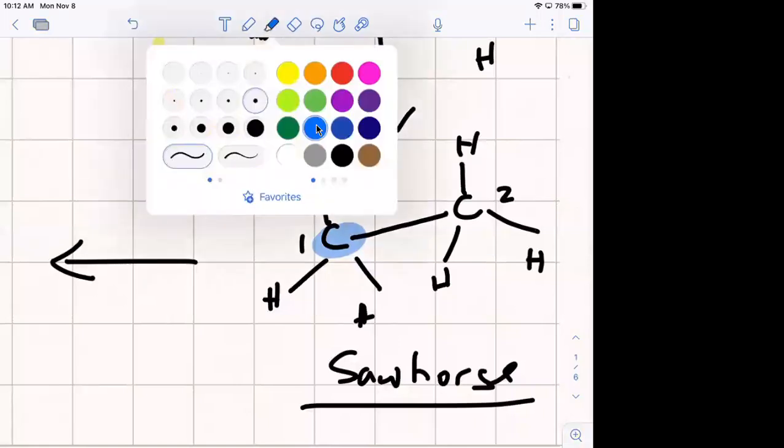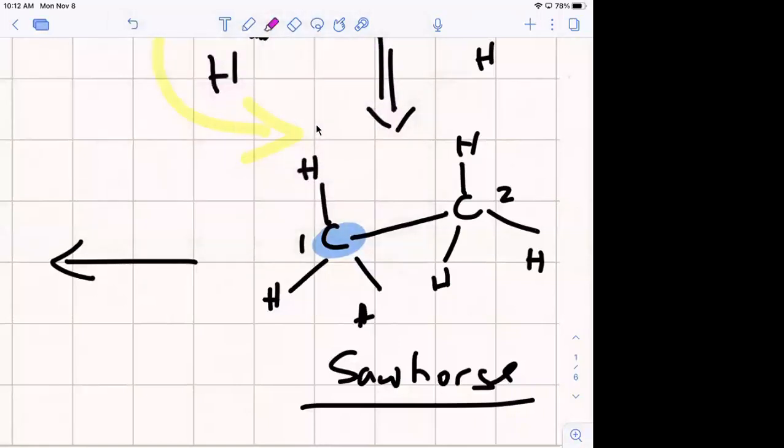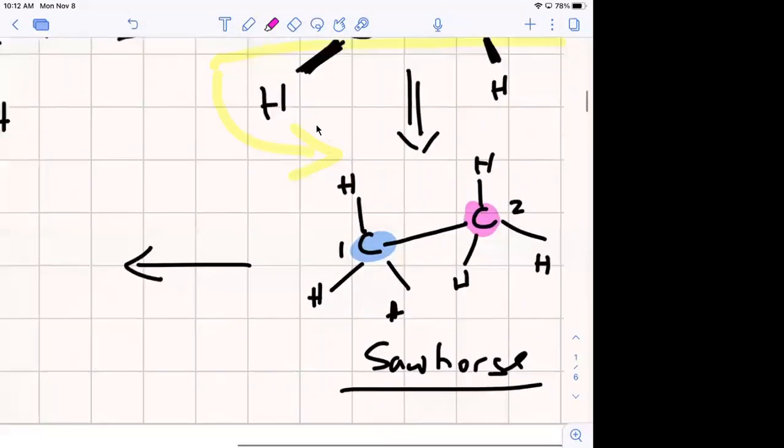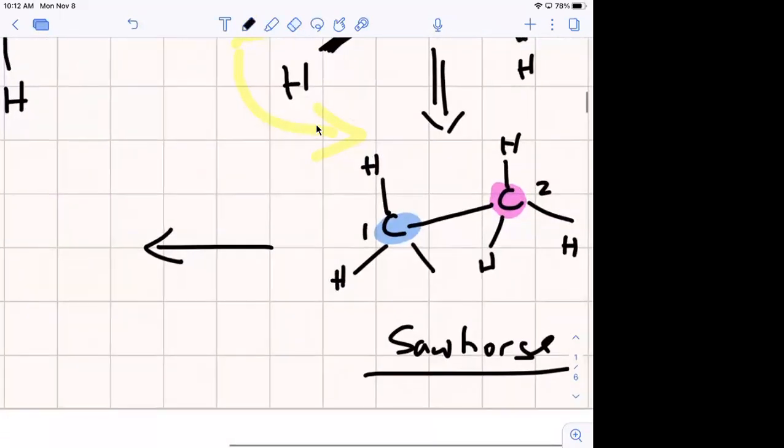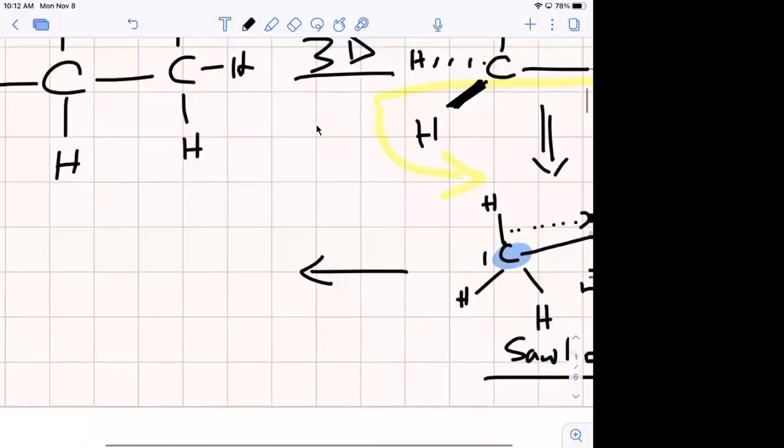We're going to give it a different color. The Newman projection is taking that carbon-carbon bond and looking straight down it, from the perspective of carbon 1 straight down the bond to carbon 2.